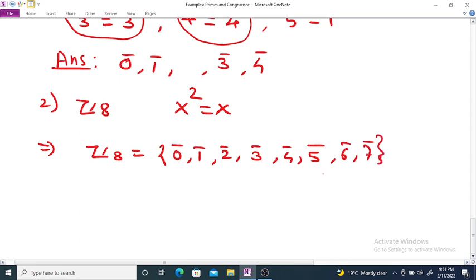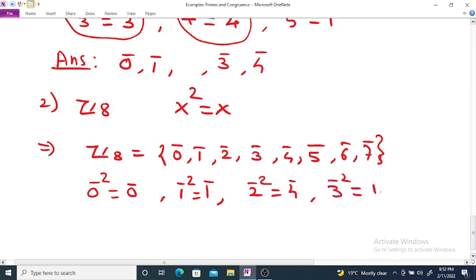And 0 bar square is equal to 0 bar, 1 bar square is equal to 1 bar, 2 bar square is equal to 4 bar, 3 bar square is equal to 9 bar, which is again 1 bar, 4 bar square is equal to 16 bar, which is equal to 0 bar.